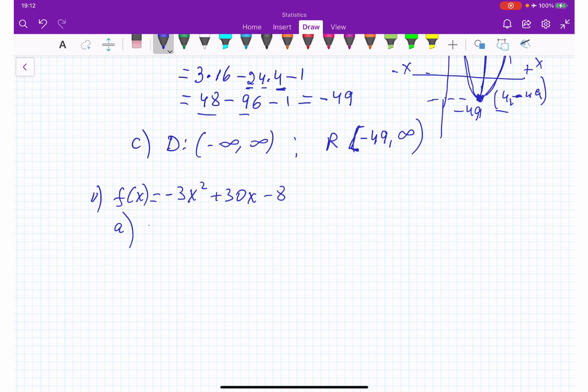Our a is equal to negative 3, right? a is negative 3, which is less than 0. It's negative, it's not positive, which means in this case we have what? Max or minimum? Correct, we have a maximum, because the graph will go like this.